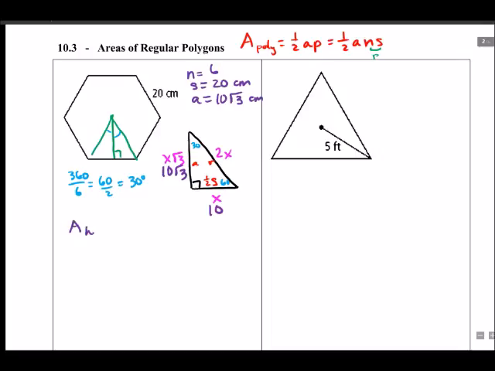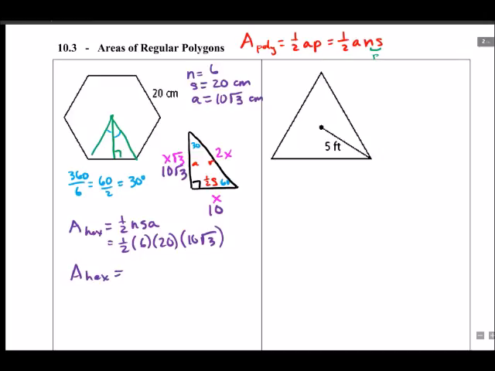Area of our hexagon equals 1/2 NSA. So that's 1/2. Number of sides is 6. Side length is 20. Be careful, it's the side length, not the half of the side length from our triangle. And our apothem is 10 square root 3 tall. And we just multiply our regular numbers.